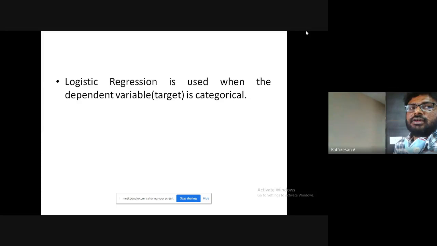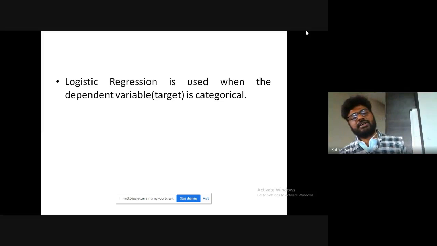Price is not a categorical variable, it is a numerical variable. So price is 5,000, 6,000, 10,000, $10, $15, $50,000.